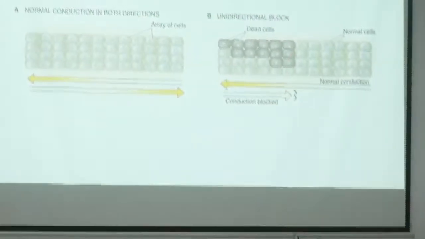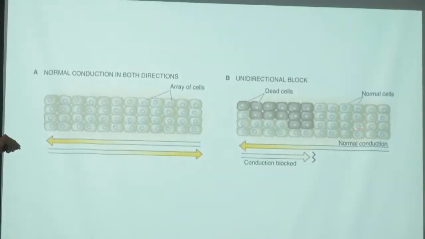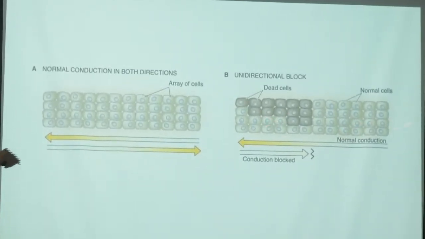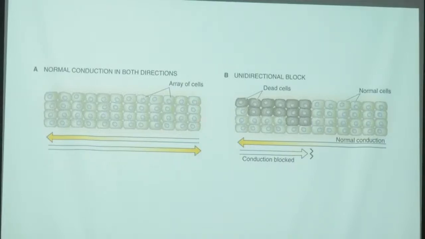All these 25 normal cells can transmit action potential here, but these few cells will not be able to depolarize all these normal cells. So, here is a unidirectional block. If you face a question or short note like re-entry phenomenon, you need to explain this. For re-entry to happen, one must-have condition is unidirectional block in action potential conduction.